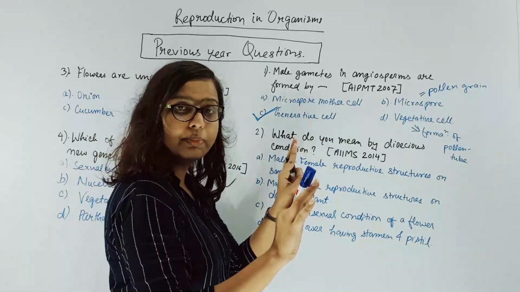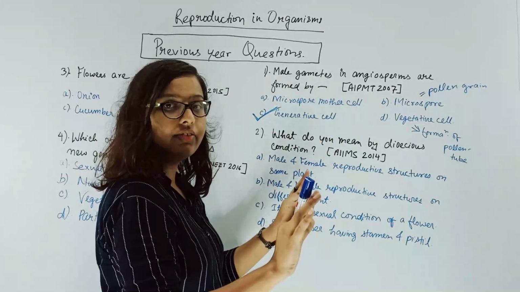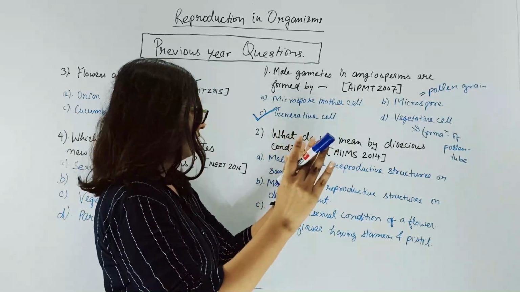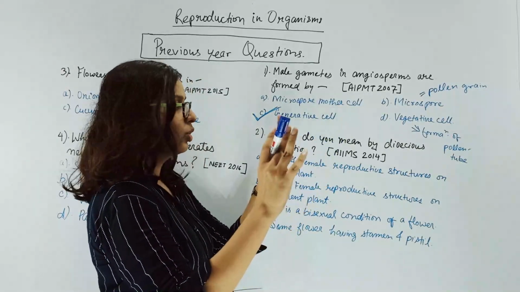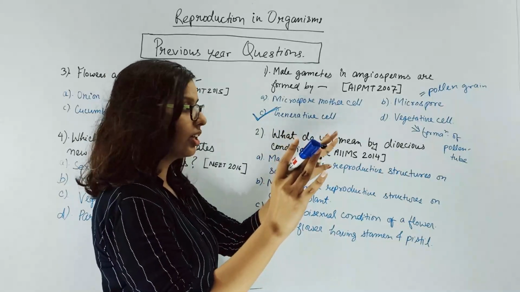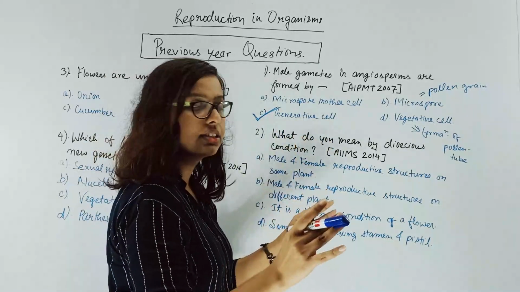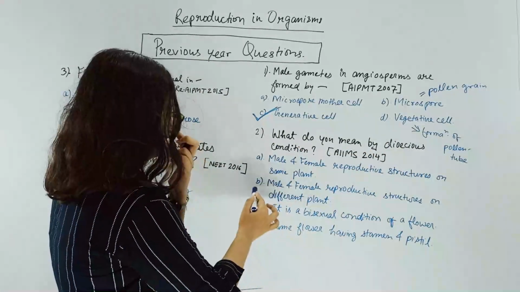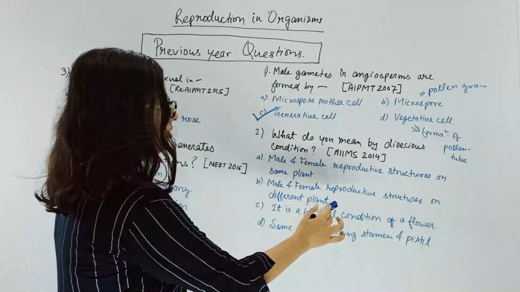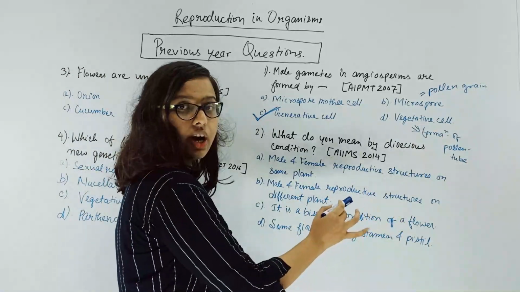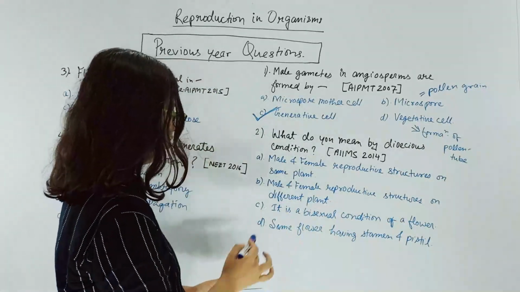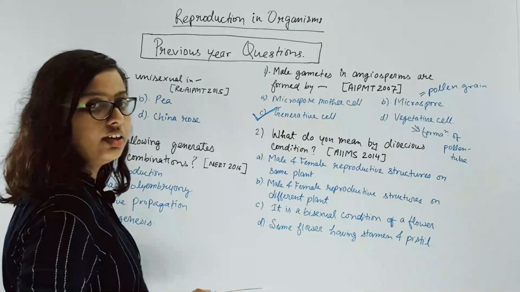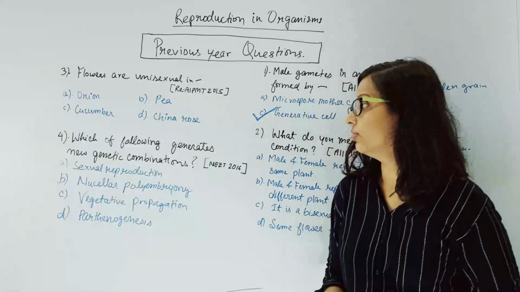The male plant will bear the male flowers, the female plant will bear the female flowers. So these are two separate bodies. Two different types of reproductive structures will be located on two separate plants. So that condition is dioecious condition. Since you have found your answer, you need not go through the other options. Now let us see question number 3.